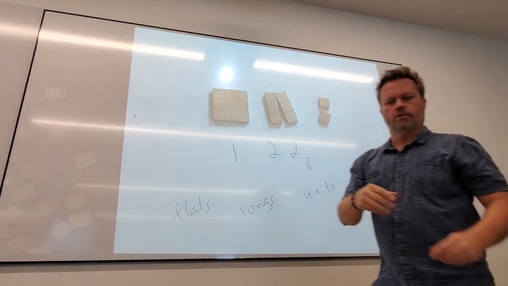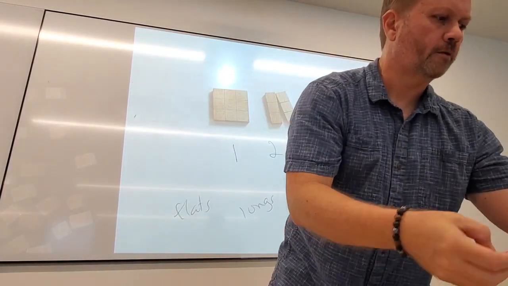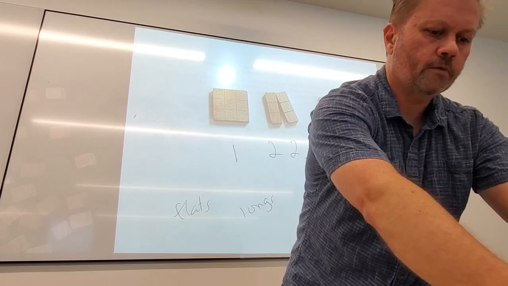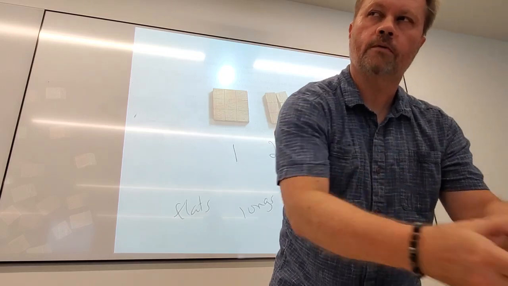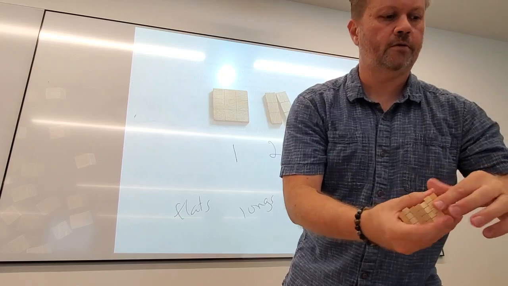You asked what base 3 is the same as? 122 base 3 is the same as 17. They represent the same amount of something.